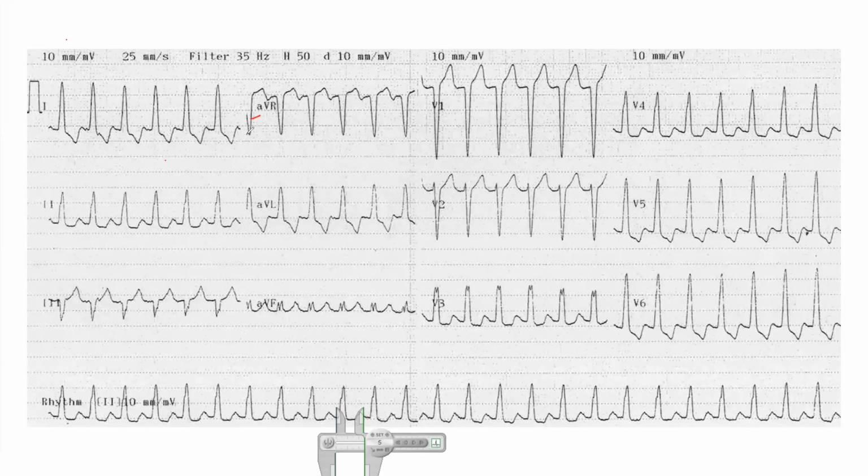Okay, so what are the characteristics of a junctional beat, or a beat that originates from the AV node? The characteristics of beats that originate from the AV node are the following. One, an inverted P wave before the QRS complex.